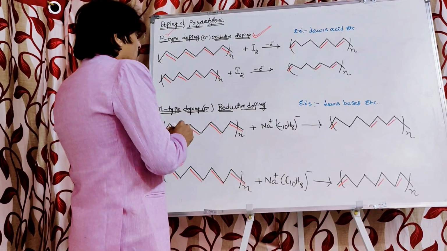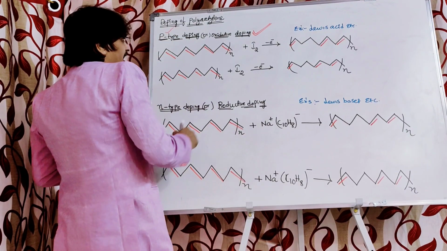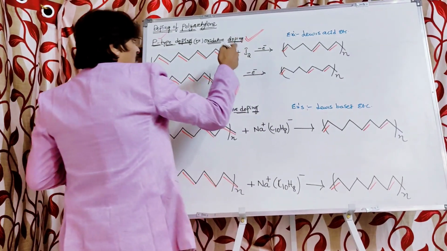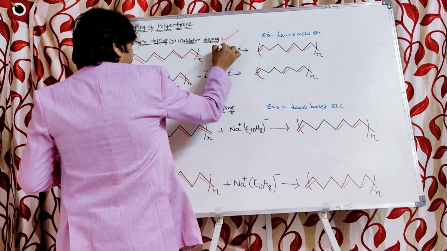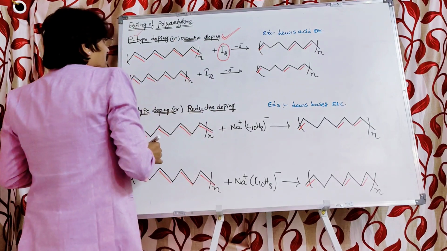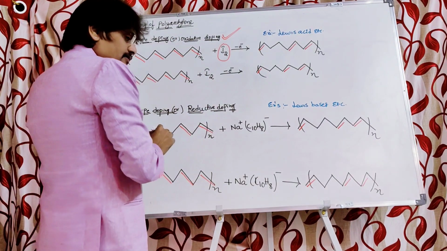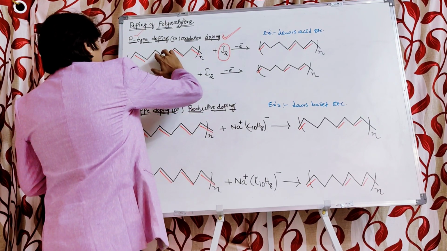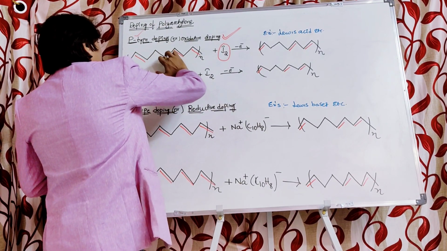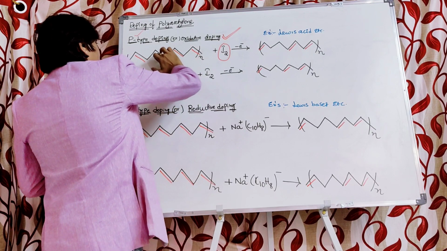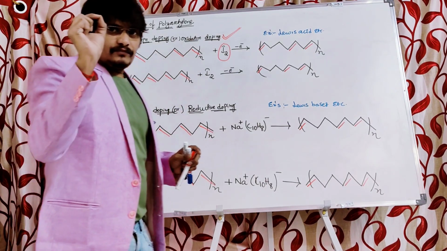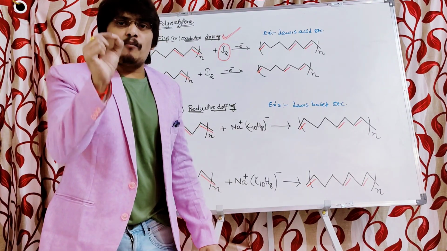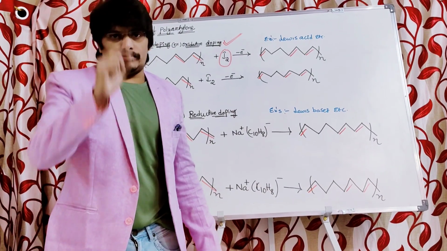Now this p-type doping can occur either in the presence of Lewis acids or iodine. Already I have explained. So iodine I have taken. Now what I'm doing is, we know that a bond is formed by the combination of two electrons.